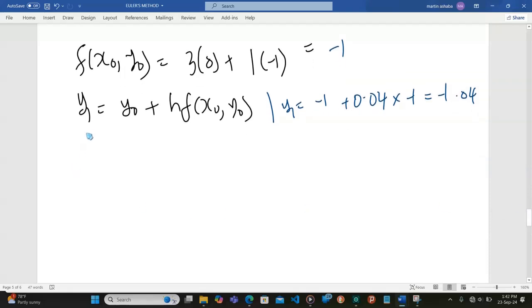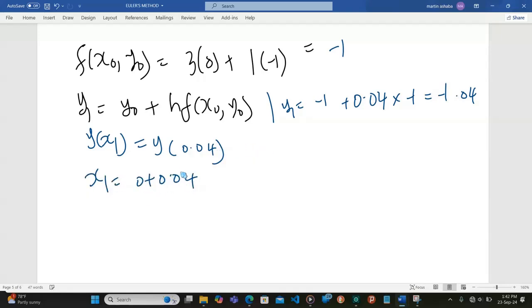So remember, what we have just obtained is y of x1, where x1 is equal to 0 plus 0.04, which is the step size, and this is 0.04.